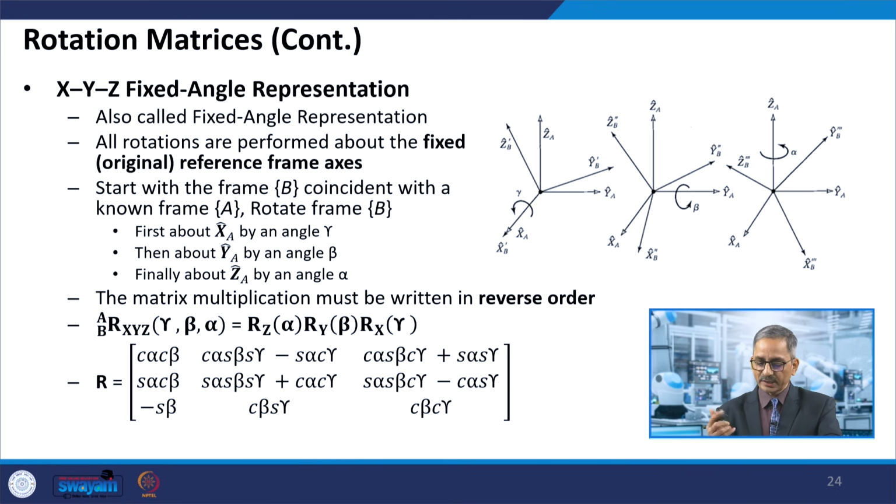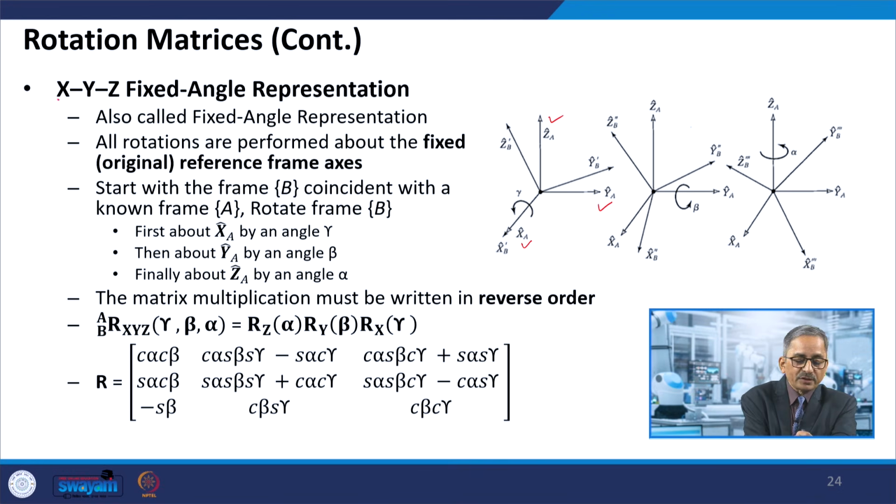So, suppose here I have got frame XA cap, YA cap and ZA cap. And there is another frame XB cap, YB cap and ZB cap. So, frame B is rotating, whereas frame A is the fixed frame.